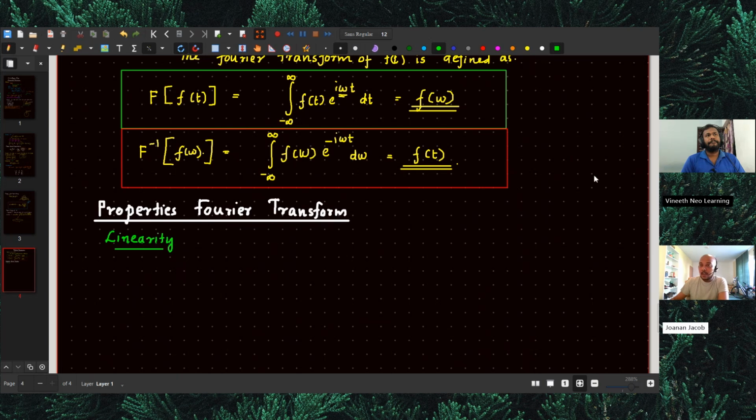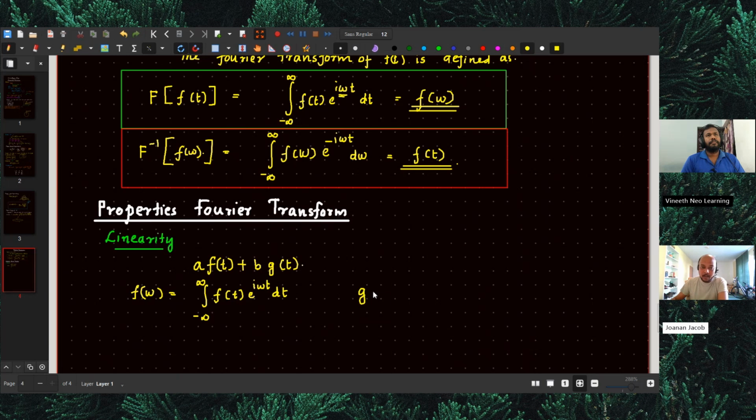Suppose you have a combination of functions, let's say a f of t plus b g of t. If you take the Fourier transform, F of omega will simply be the integral from negative infinity to infinity of f of t e raised to I omega t dt.